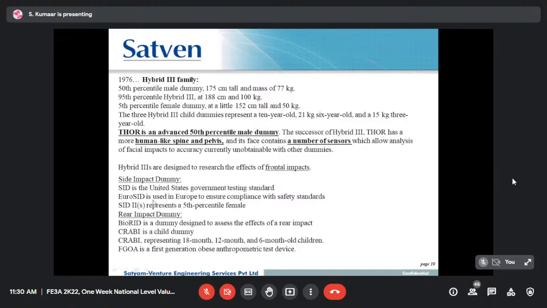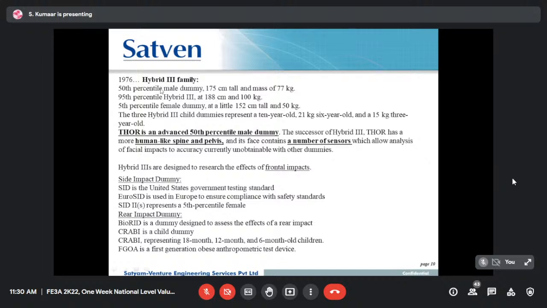When it comes to the rear impact, they are using a dummy called BioRID. This dummy will be used for the rear impact. And they developed a new dummy also called CRABI. The CRABI child dummy is for 18-month, 12-month, and 6-month old also.